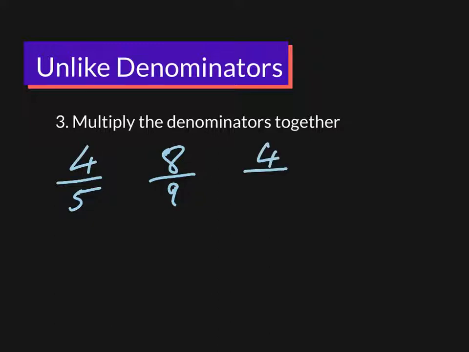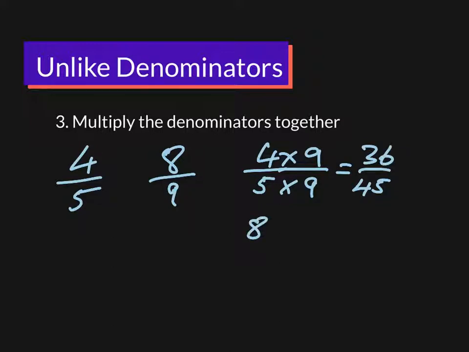So 4/5, we're going to multiply these by the other denominator, which is 9. It's going to give us something over 45. 4 times 9 is 36 over 45. Now let's take the other one, 8/9.